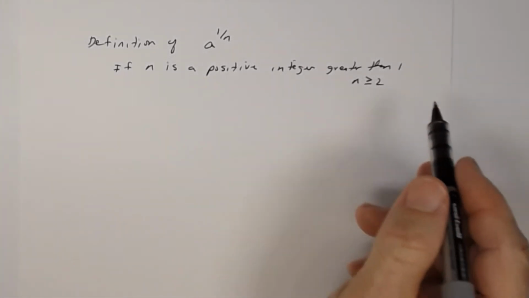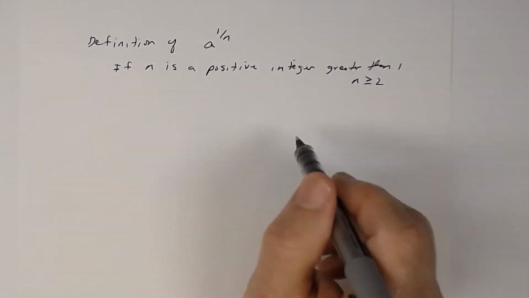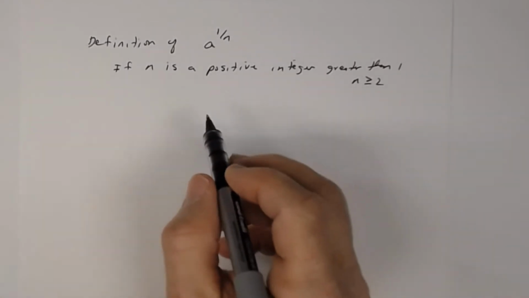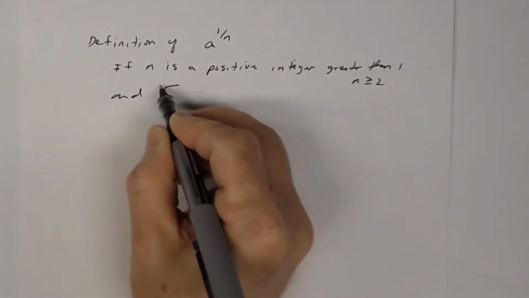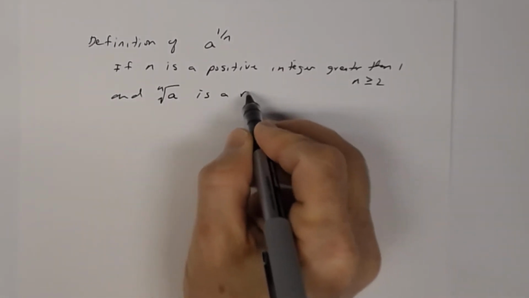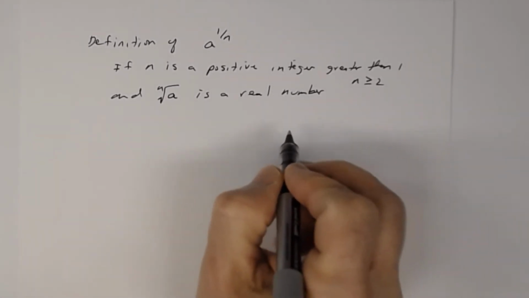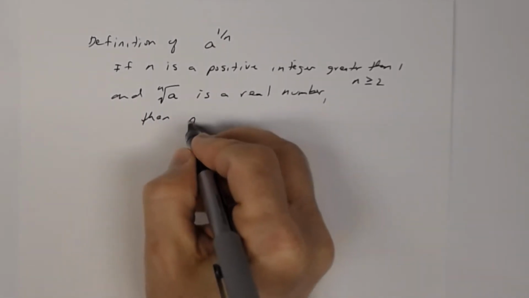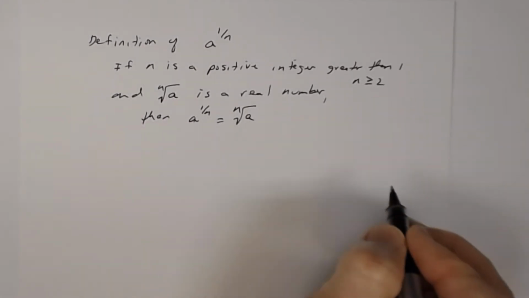So 2 or bigger. So greater than 1 means 2 or bigger. So that's why you see n is greater than or equal to 2. So if n is a positive integer greater than 1 and the nth root of a is a real number, then a to the 1 divided by n is equal to the nth root of a.